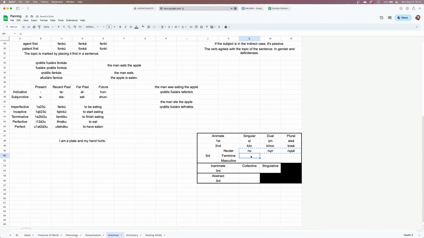And then we can expand this to na and ni for the various genders for now. And there are our most basic animate pronouns.